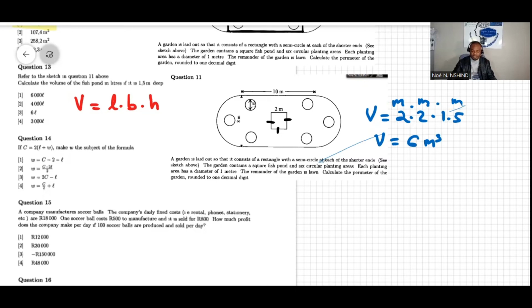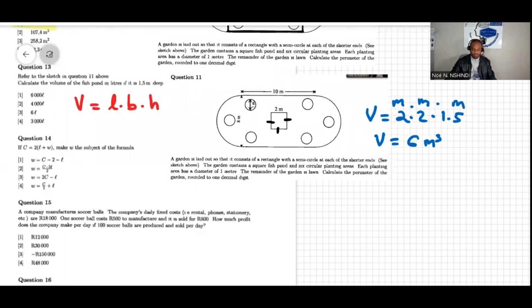Okay, sorry about that. Now when we look at the alternatives they are in liters, and the question itself says the volume of the fish pond in liters. Now we need to know the conversion of how much is meter cubed to liters, and I write the conversion over here.